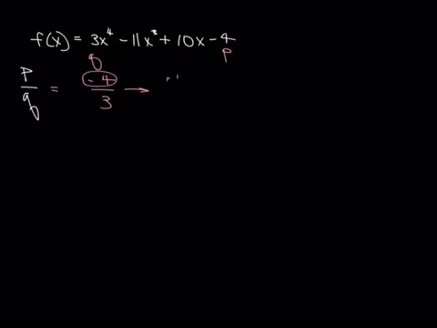Well, a positive 1 times a negative 4, a negative 1 times a positive 4, a 2 times a negative 2, so a positive 2 times a negative 2, or a negative 2 times a positive 2. Those are all my possibilities to multiply to get negative 4.